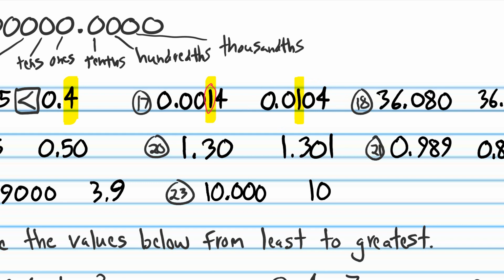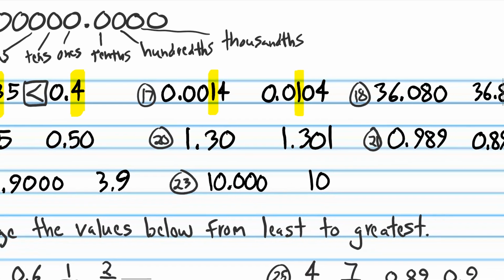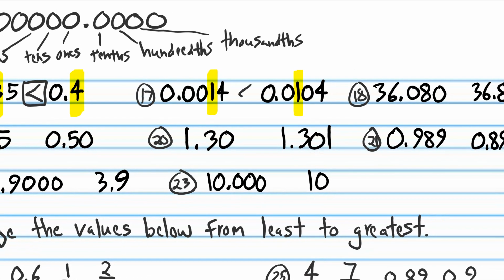So even though the numbers are the same, this number is farther to the left. This number is 2 places over, and this number is 1 place over, if you want to count that in terms of places, I guess. So this number must be bigger. Pac-Man eats that, so we need another less than symbol.